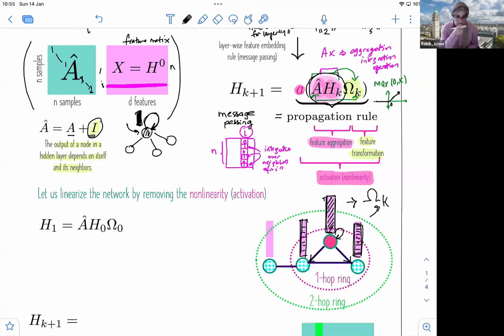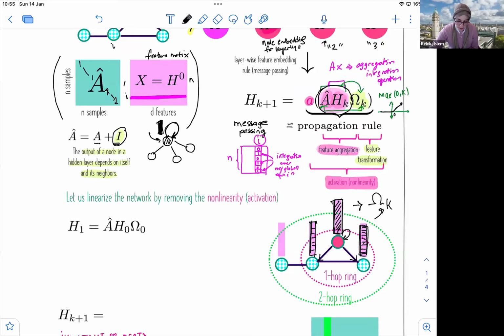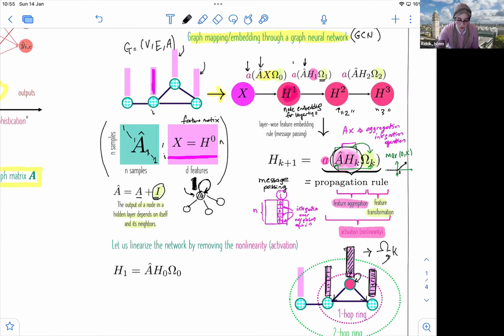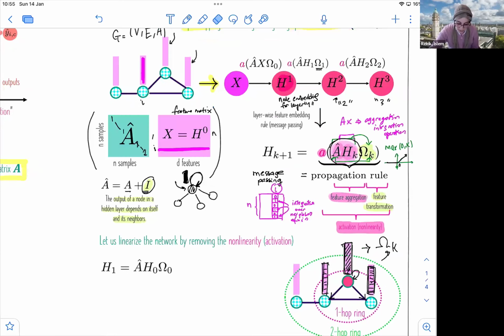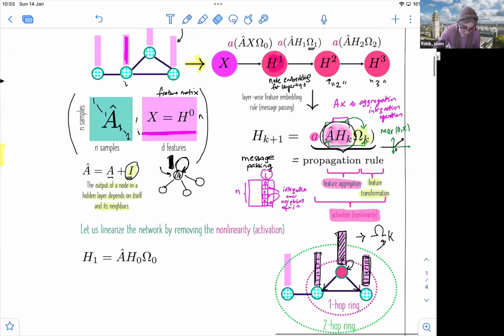Now let's look at this in a very simple way. If we remove the nonlinearity, the A here, what happens? So I'm going to remove all of this, and we have our mapping network, and we're going to write the equation.